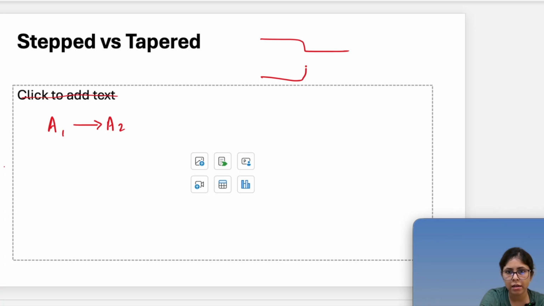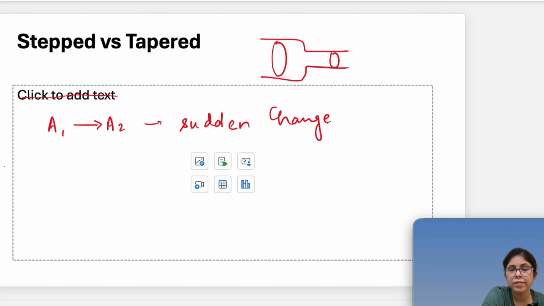This is the area till A1, and this is the area in A2. So in a stepped bar, there was a sudden change from A1 to A2, right?